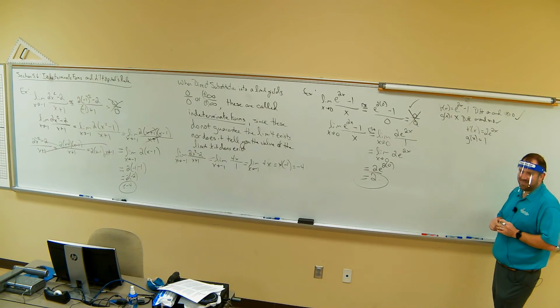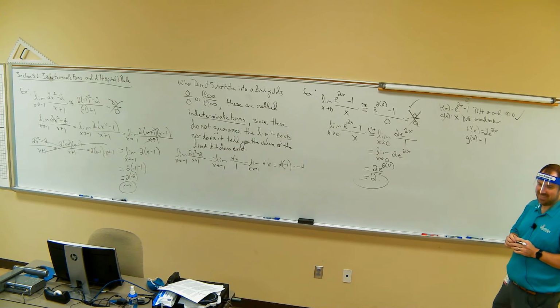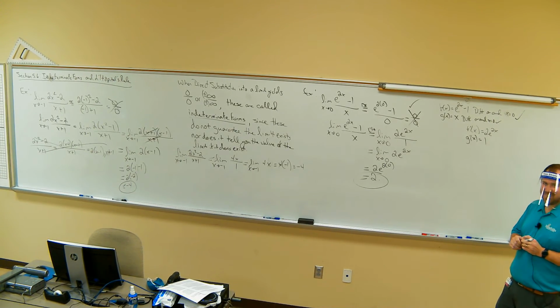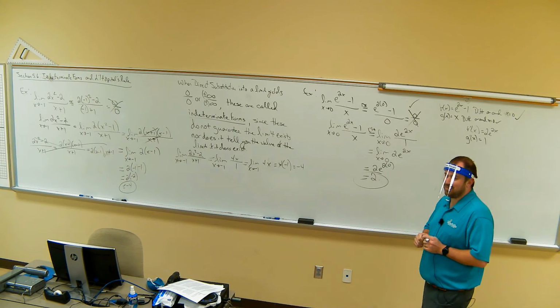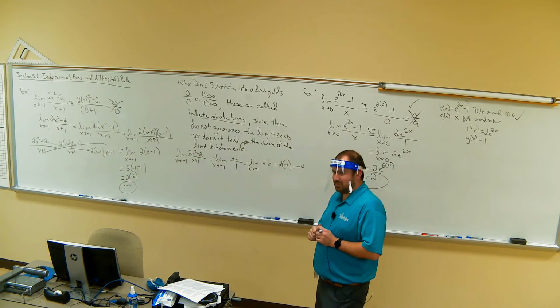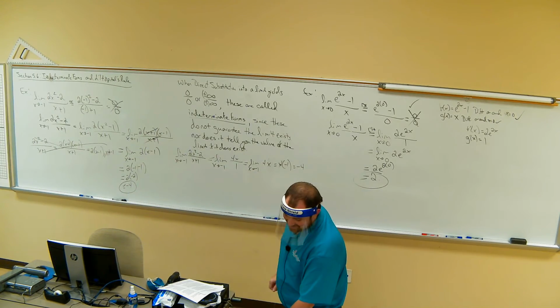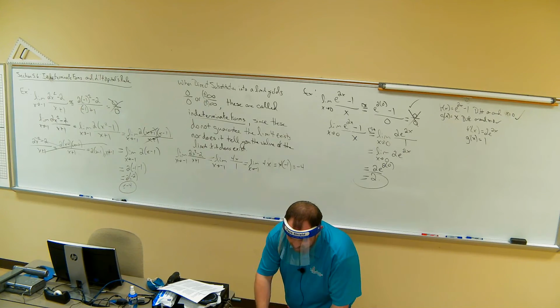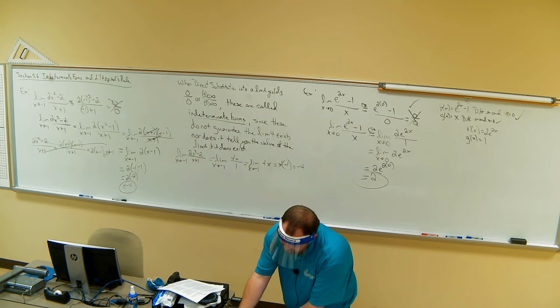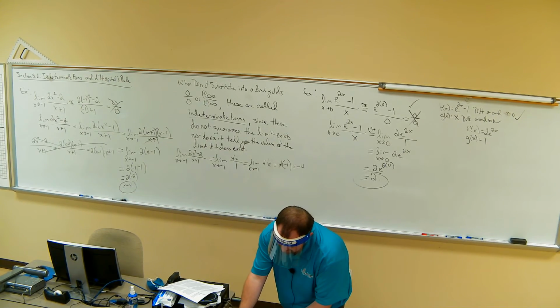Questions? Is this going to go into what we learned in section 7? Is that why we're doing it now? Which section 7? It's actually going to go back to 8.8, I think.